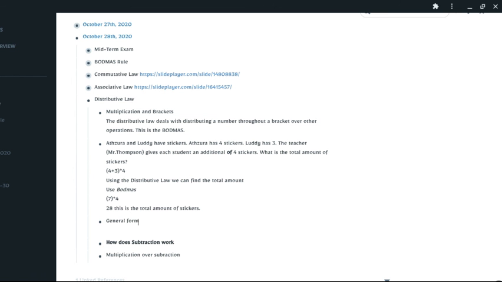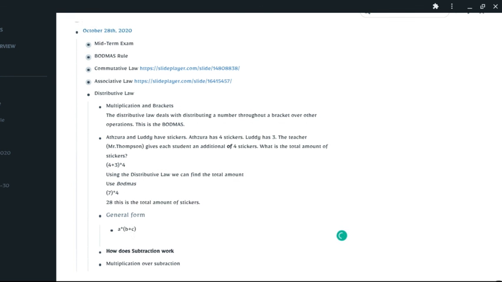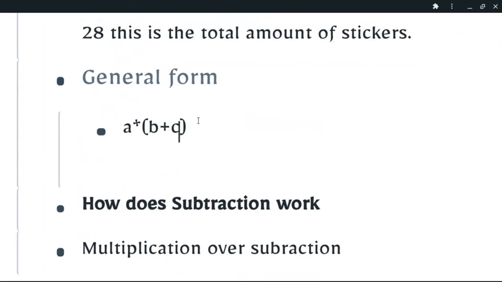It's going to be A times, right, B plus C, is equal to, each number gets 4, so A times B plus A times C. So what is the common value that Athzura and Ludi share?